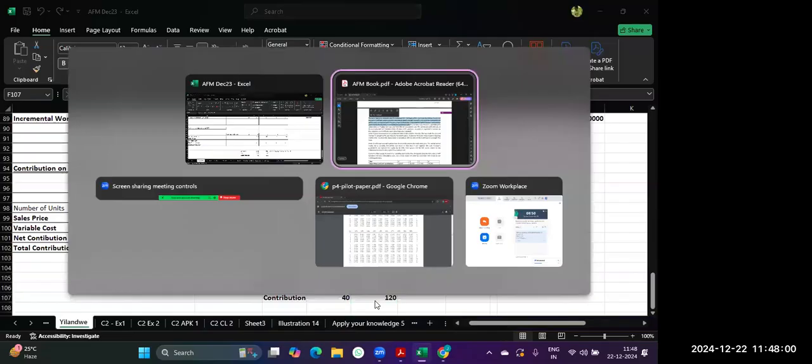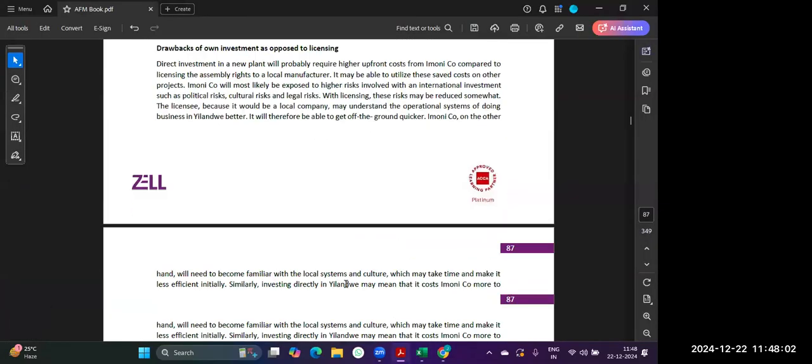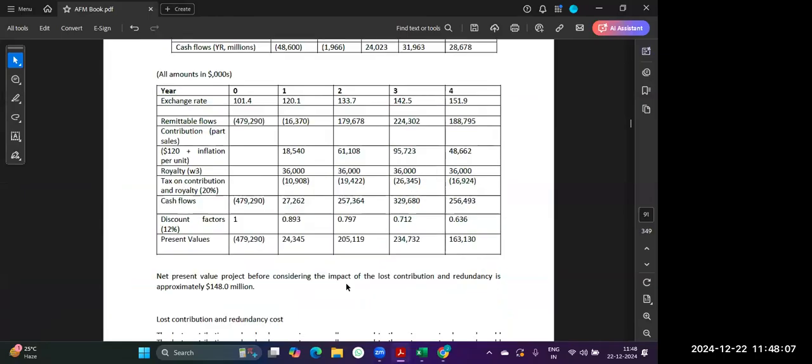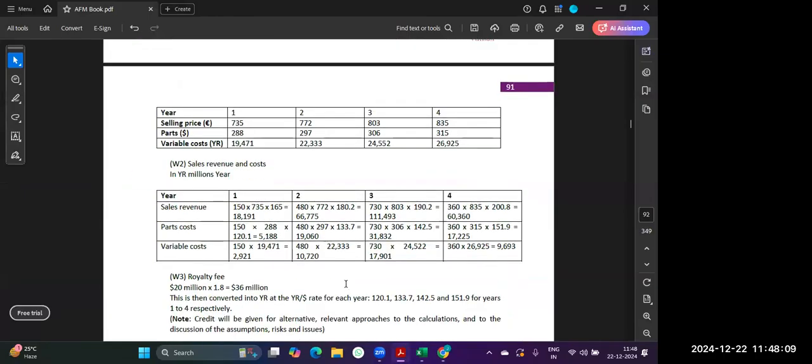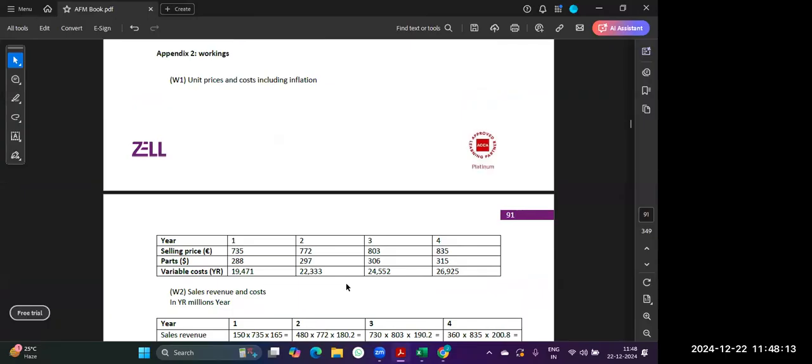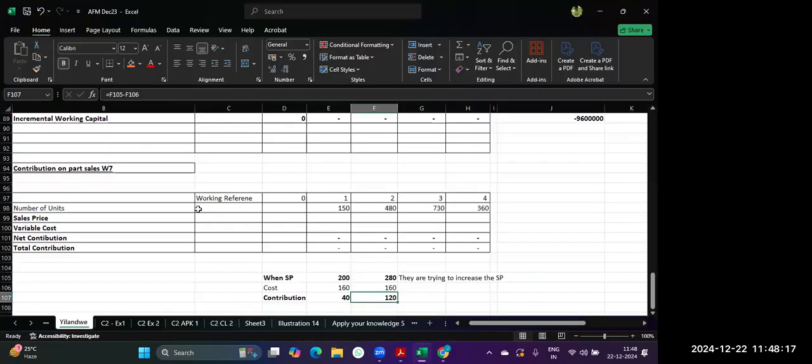Now, what is the part cost for them? Part cost is mentioned to you in which currency? Dollar. So tell me, what is the part cost? What is the sales price of the part?